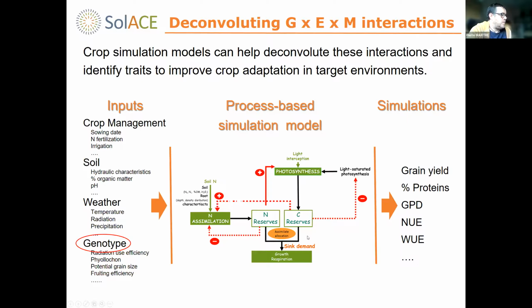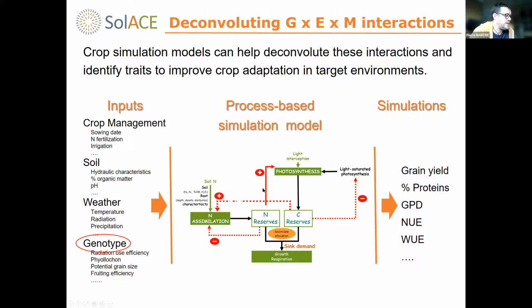One option that has been proposed is to use process-based models that decompose how these simple traits that characterize the genotypes will affect these complex traits through a series of feedbacks, processes and regulations. You have many important feedbacks that act at different timescales in the plant.